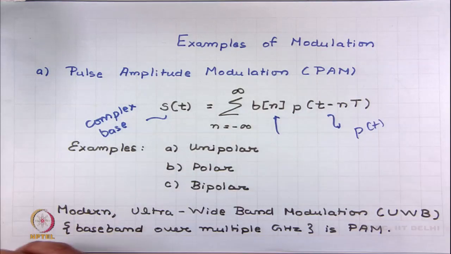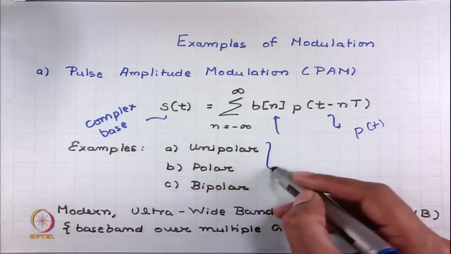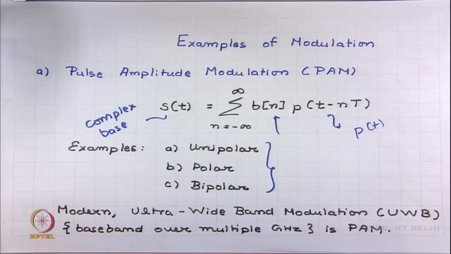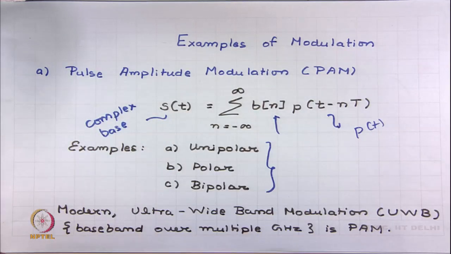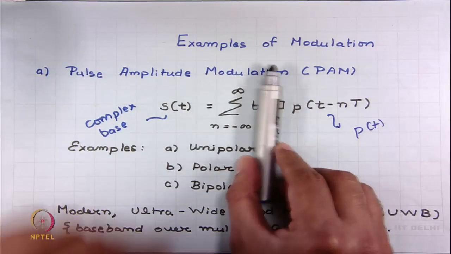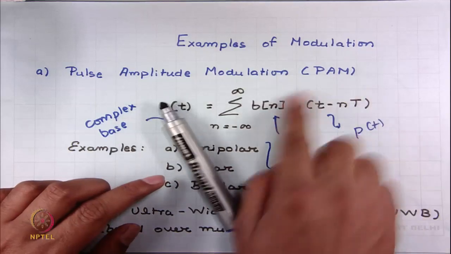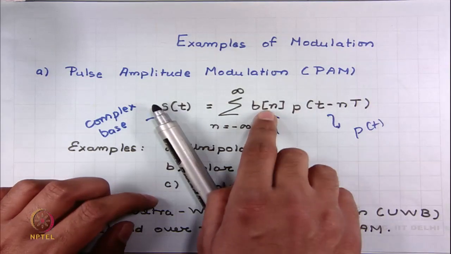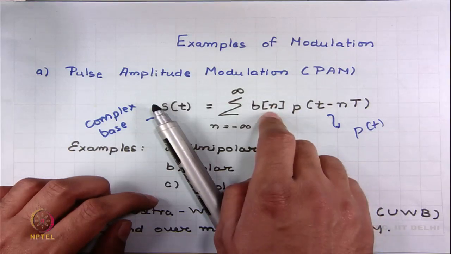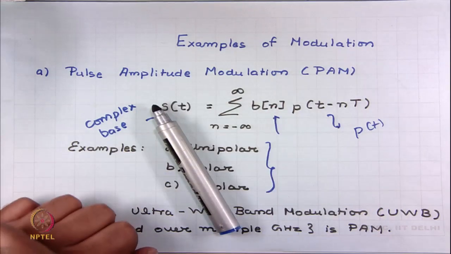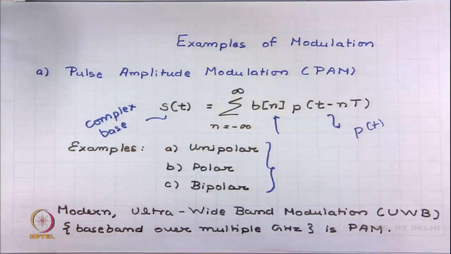All these examples of the modulation schemes that we discussed, unipolar, polar and bipolar, fall into the category of pulse amplitude modulation, right. What is pulse amplitude modulation? You have a basic pulse, and the amplitude of this basic pulse is modulated by b_n, and there are various ways in which you can choose b_n based on the binary sequence. All these examples are examples of pulse amplitude modulation.